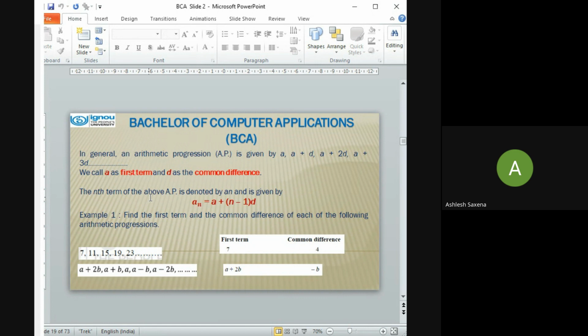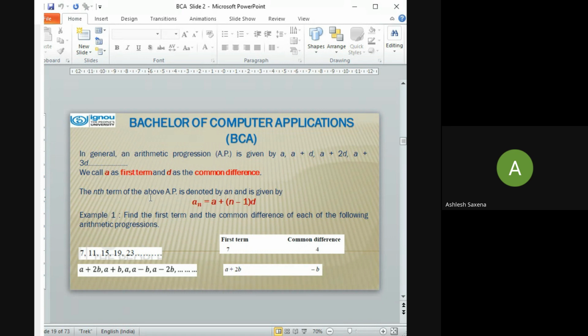When we are talking about the term formula, that is either an or tn is equal to a plus n minus 1 into d. Now, we will see how this is used.